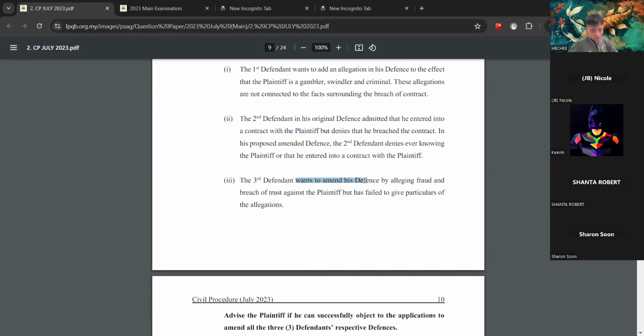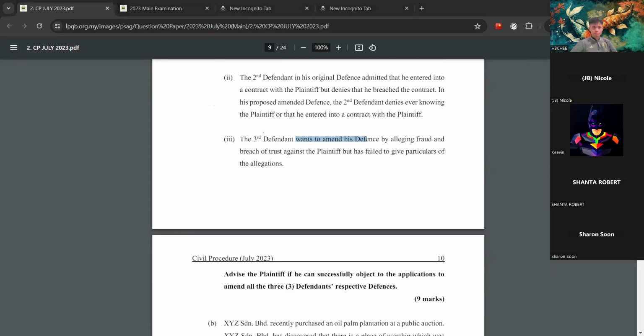Okay. Now, the third one wants to amend the defense. Is it possible to object? I can see different answers here. One saying yes, one saying it will not be allowed.